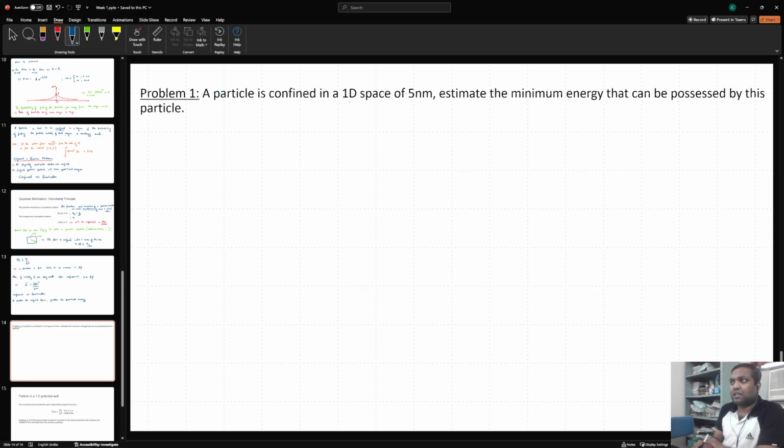Since the confinement is 5 nanometers, I'm going to say delta x is equal to 5 nanometers. Let me say the particle is an electron. For an electron, m is 9.1 into 10 to the power minus 31 kilograms, which I'm approximating as 10 to the power minus 30.